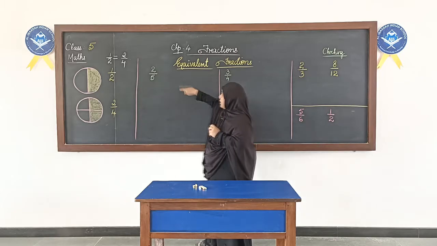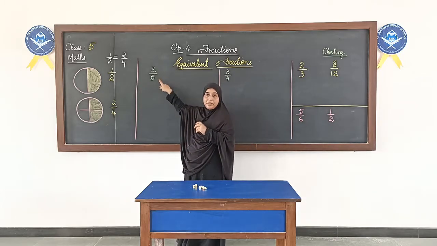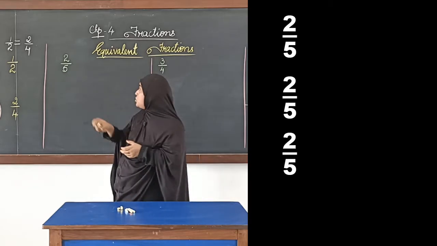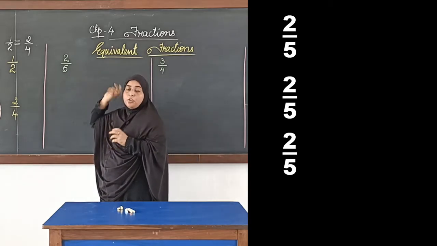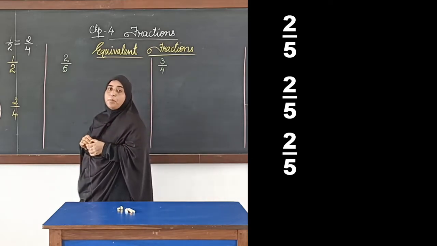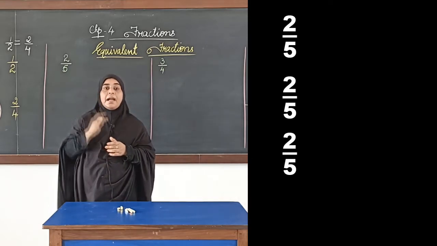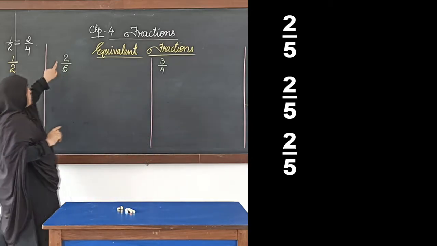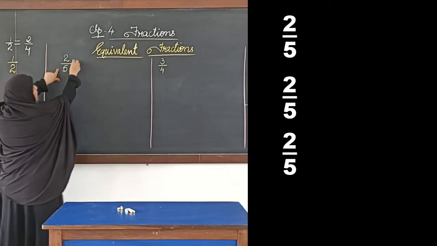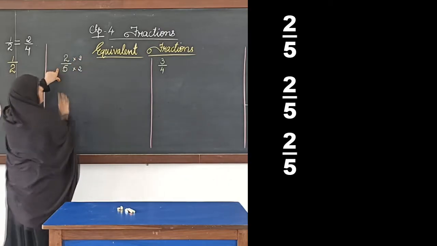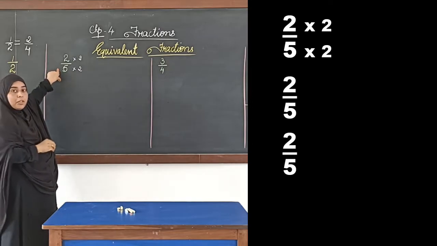For that I have taken an example of 2 by 5. Here we will see how we can find the equivalent fractions of this number. To find the equivalent fractions for a number, we have to multiply the numerator and the denominator with the same number. 2 by 5, I will multiply it with 2 first, numerator and denominator both.